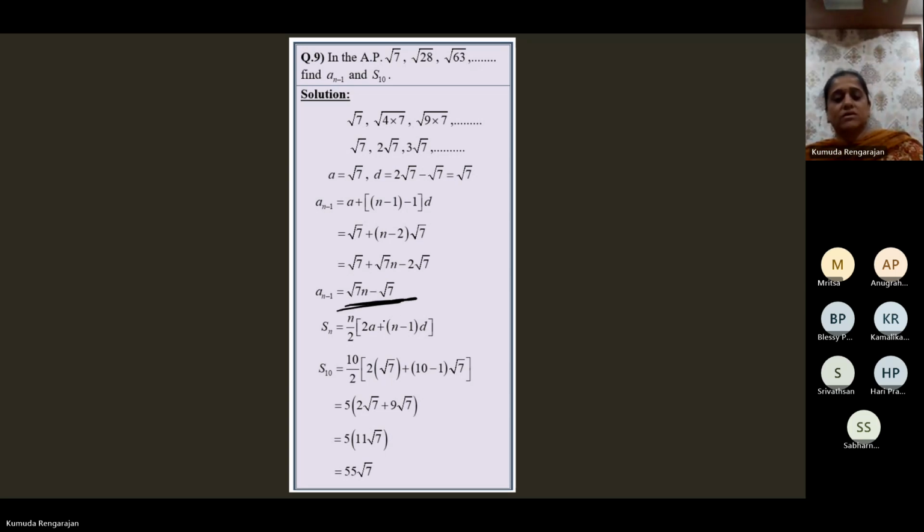Root 7 minus 2 root 7 is minus root 7 and then root 7n. You can see it's linear. Then Sn, this is the formula. S10: 10 by 2, 2a plus 10 minus 1 into d. The answer is 55 root 7.